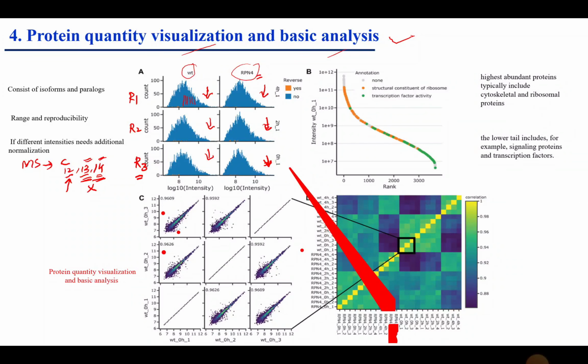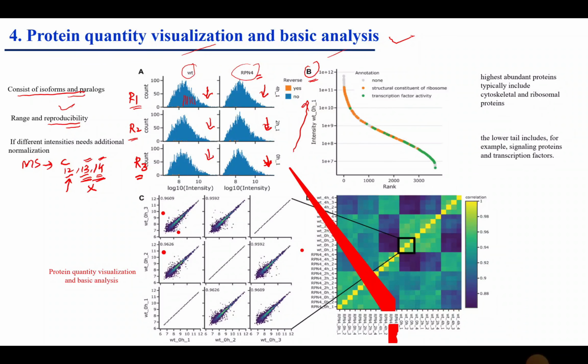Peaks which are displayed in the form of log10 intensity consist of isoforms and paralogs. The second important point is whether there is a range and reproducibility in the data. So if your replicates have a similar trend, it means your data has reproducibility. If you see that there are different intensities within these replicates, then we have to apply different normalization.